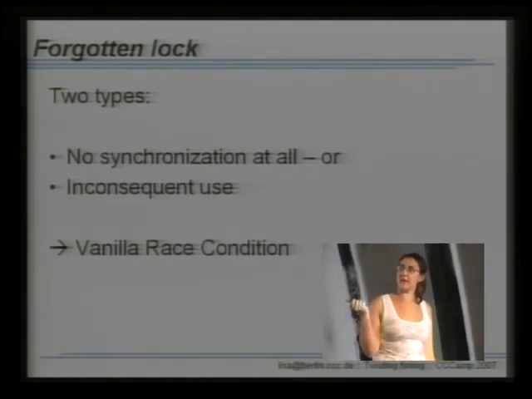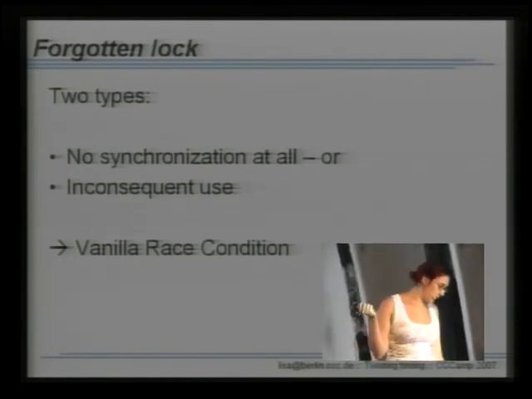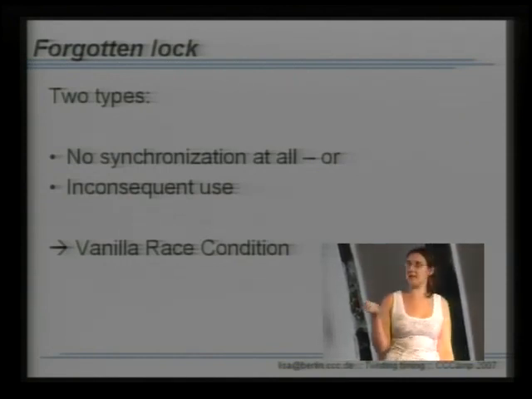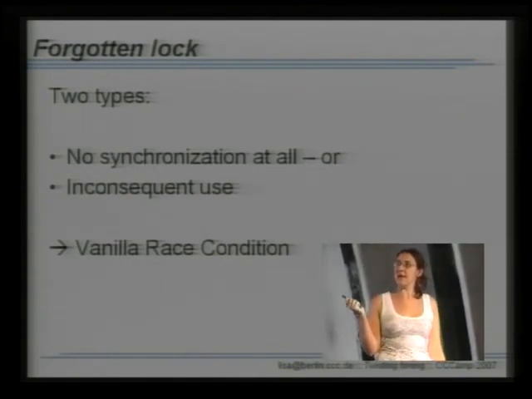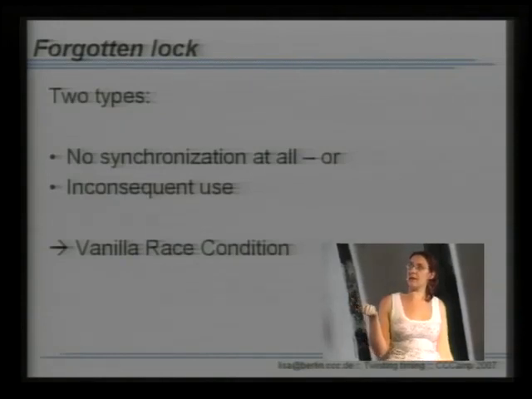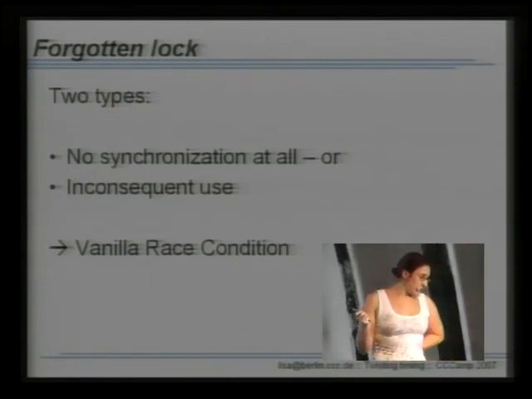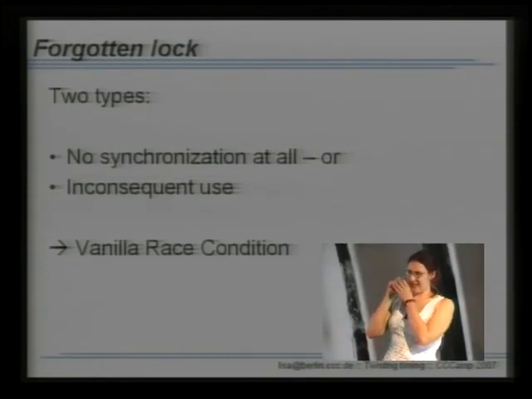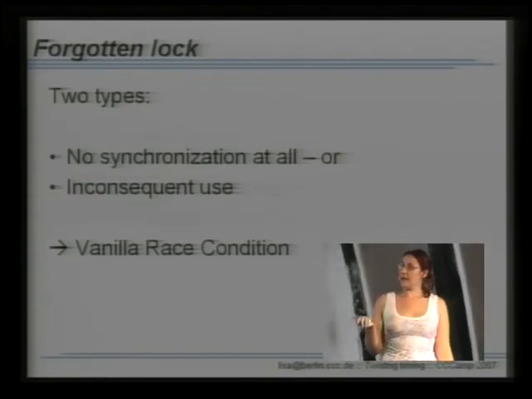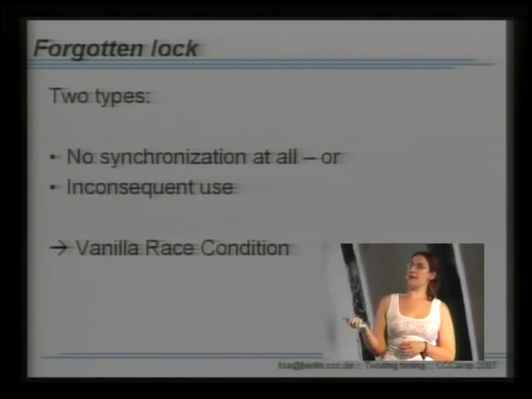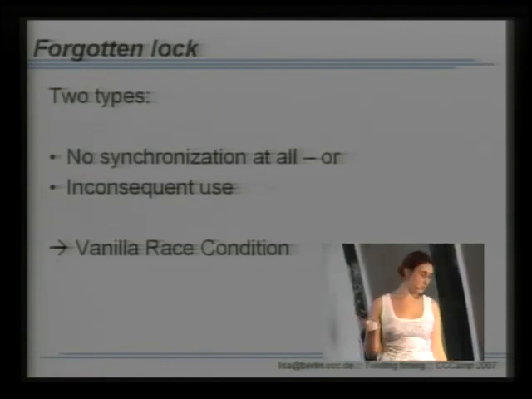And this is something I've seen quite frequently in industrial code, that there's just so many levels of indirection that the programmer loses track of where they have to lock the data and where the lock is already held. So this ends up being a vanilla race condition. It's pretty much as though you don't have any synchronization at all.